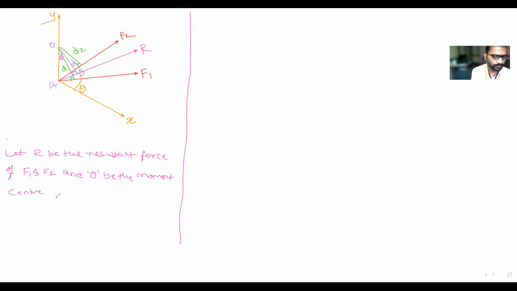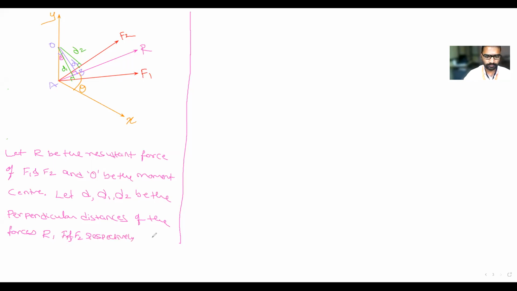Let D1 and D2 be the perpendicular distances of the forces F1 and F2 respectively.